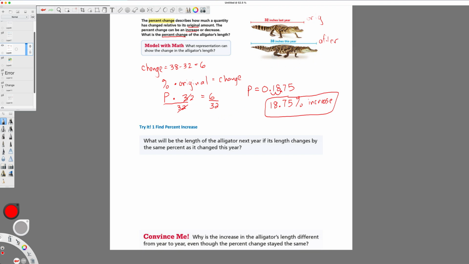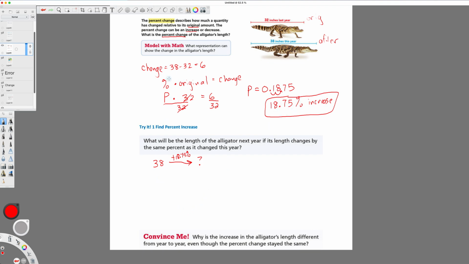And so what this question is asking, if it grows at this rate another time, so if it goes from 38 to a higher amount, if we have an increase from 38 to something else, what will it end up being if it grows at that same rate?